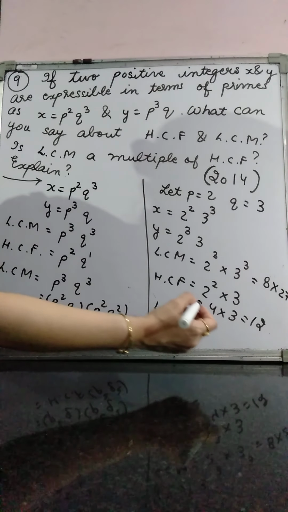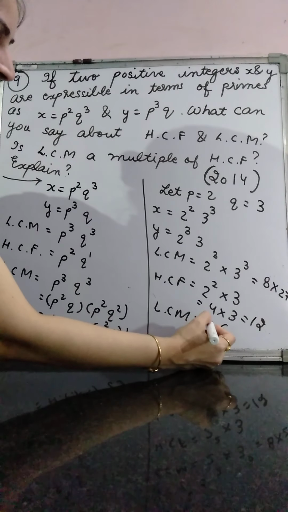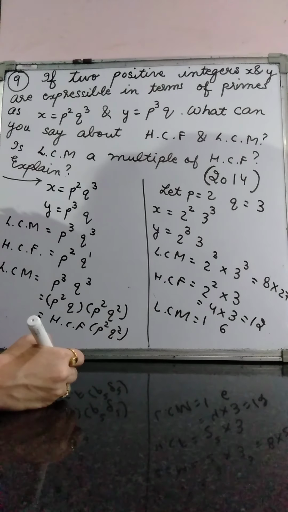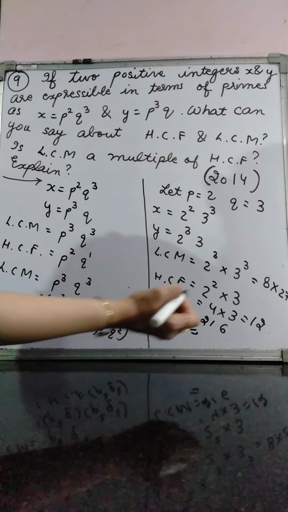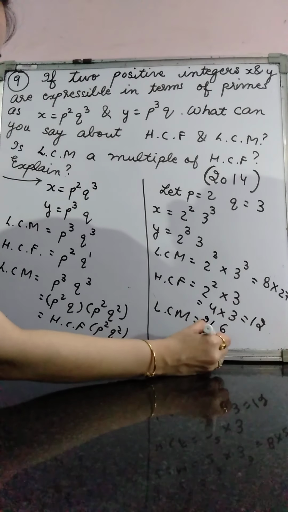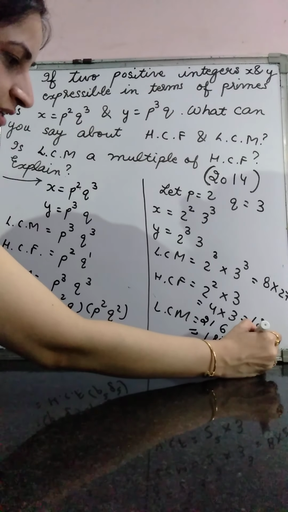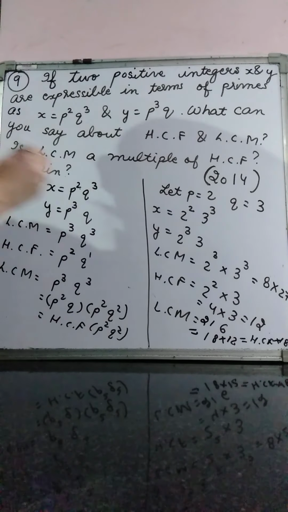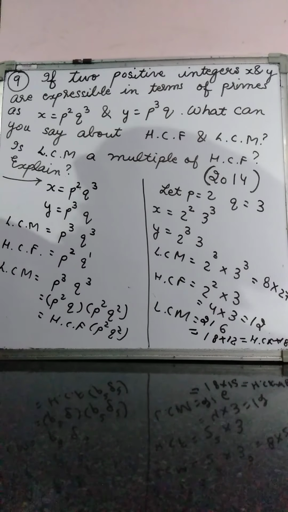It is 18 into 12. So for 12 you can write HCF into 18. So it is proved that LCM is a multiple of HCF, hence proved.